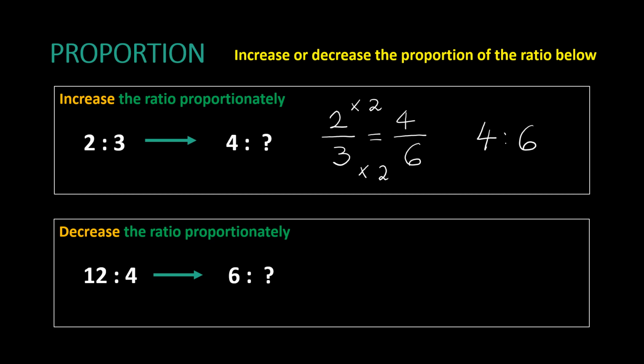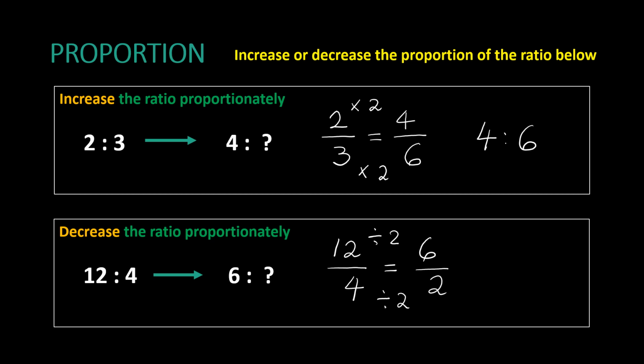Now you can also decrease the proportion. And here we have 12 to 4. You write it as a fraction. And you have 6. And you want to find out what's at the bottom number. Now you know 12 to 6 is divided by 2. So you do the same thing, divide by 2, and you get 2.